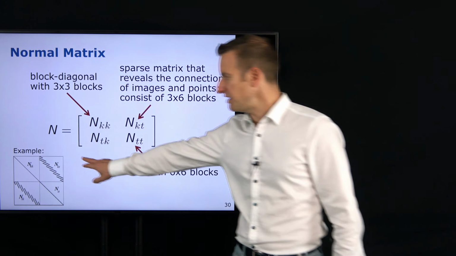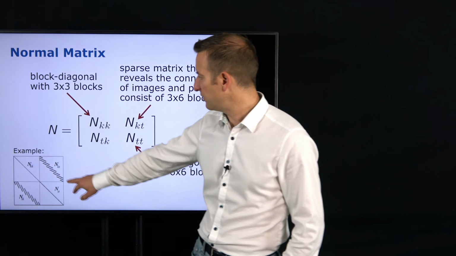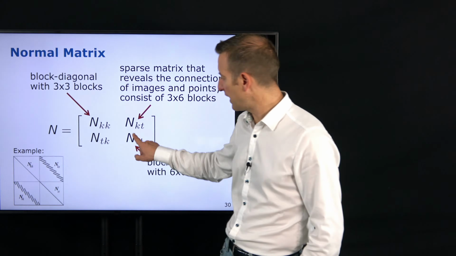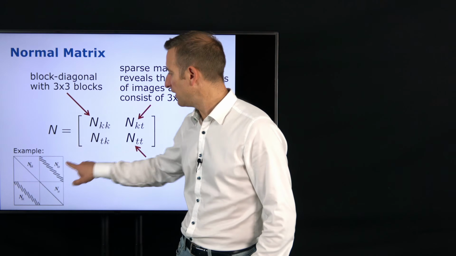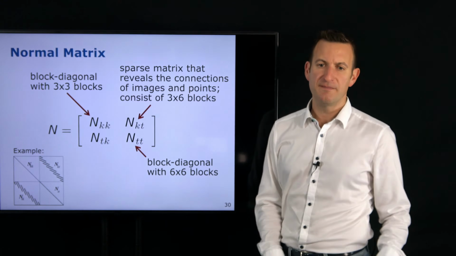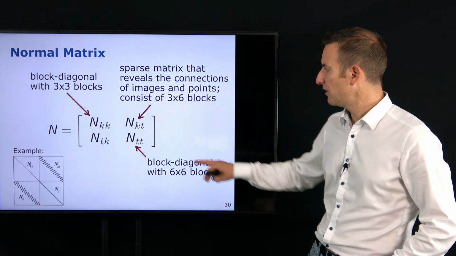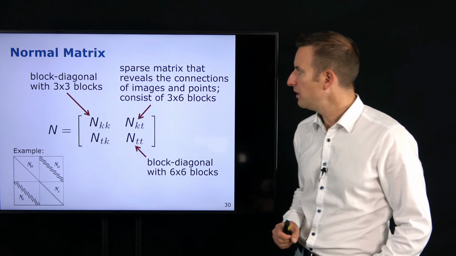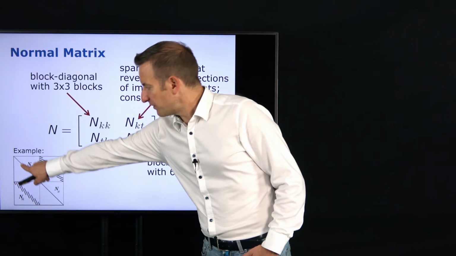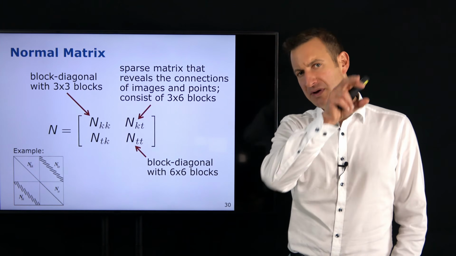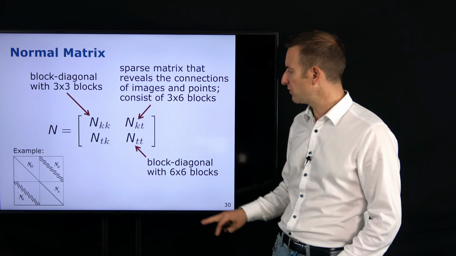So this was the example that we had down here, and you can see NKK is this matrix over here, which corresponds to this block, NTT, this block over here, and those correspond to the off-diagonal blocks over here. Just this one is just the other one transposed. So what do we have? This NKK is a block diagonal matrix with 3x3 blocks on the main diagonal, the rest is 0.